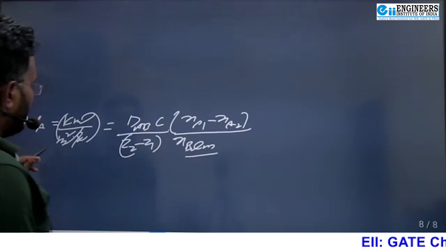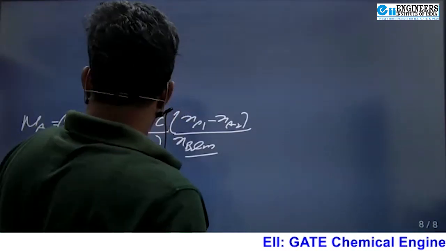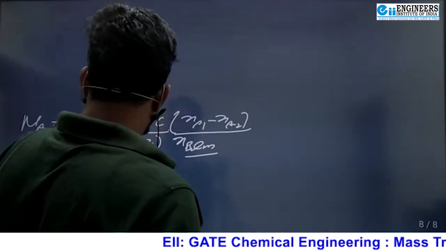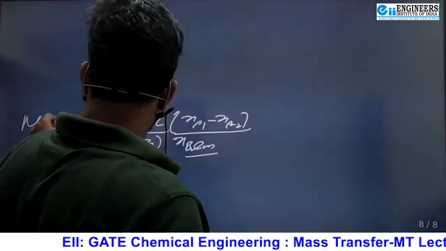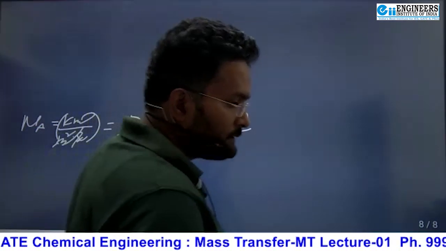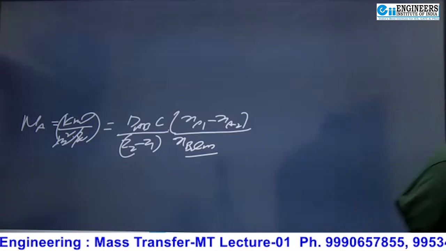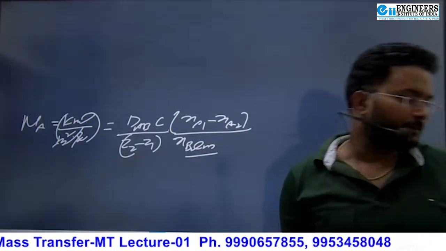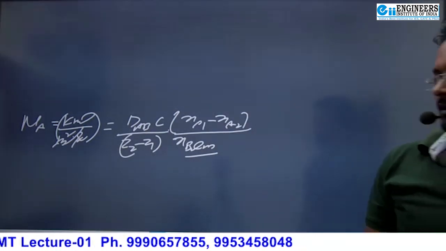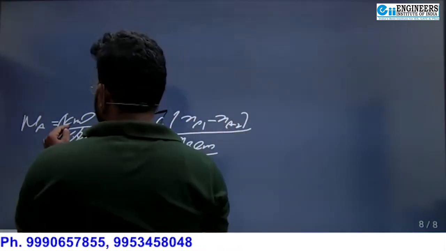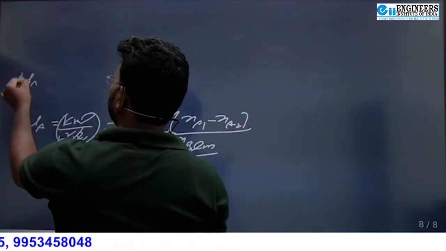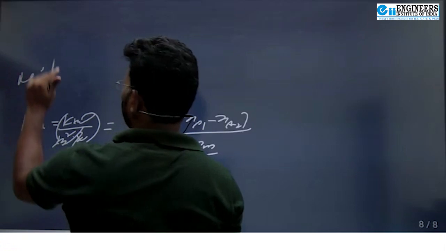Here two types of flux I can write here. One is NA in kilomole, other I can write here mass flux. It is molar flux, I can also write mass flux. Yes or no? So when we have to go for the mole, when we have to go for the mass flux, बोलो भाई. इसको हम लिख सकते हैं किस में? लेट्स से आई एम गोइंग टू डिफाइन NA प्राइम. प्राइम मान लो, चलो.